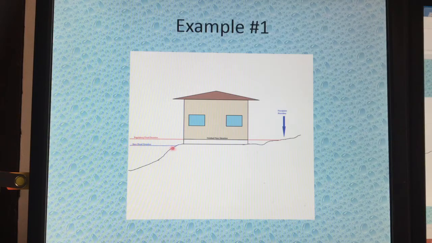So here's the base flood elevation. This is the regulatory elevation. If we look at the LAG and the HAG, what we see is that the LAG is going to be in this general area, and the HAG is going to be in this general area. Because the LAG is higher than the base flood elevation, this structure should be granted a letter of map amendment.